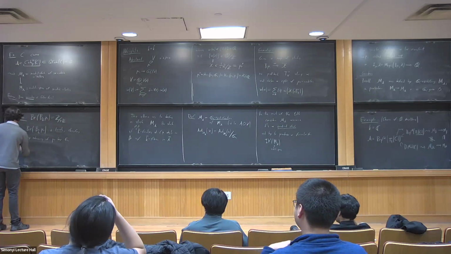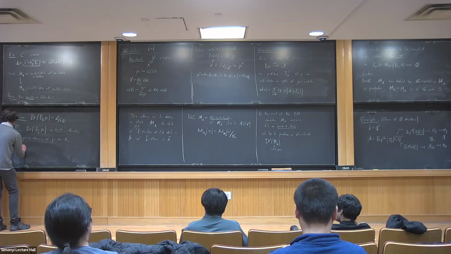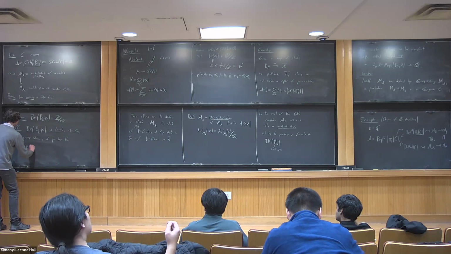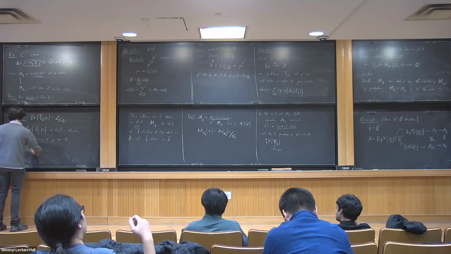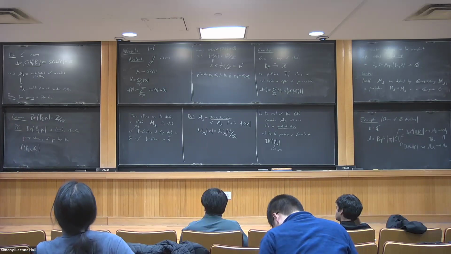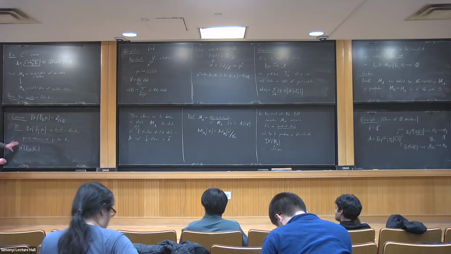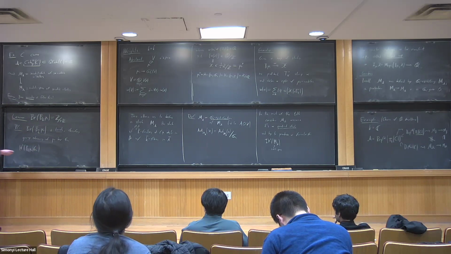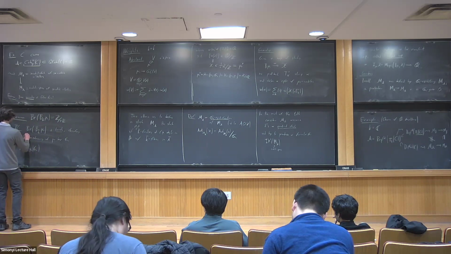If you want, you can identify this with H2 of B mu r with coefficients in G_m, and that's the classical theorem that H2 of a classifying space of a group classifies central extensions.